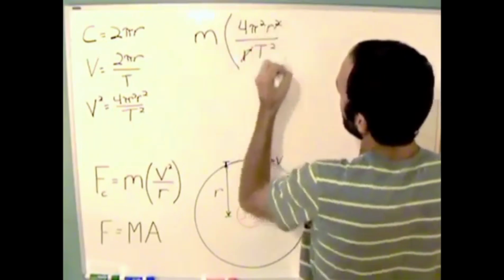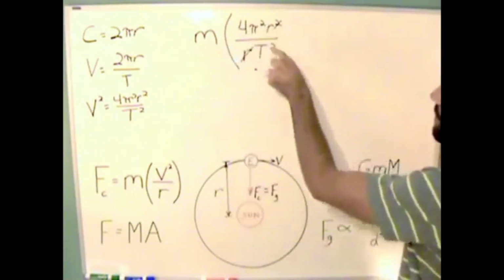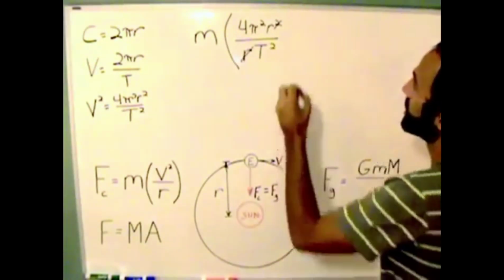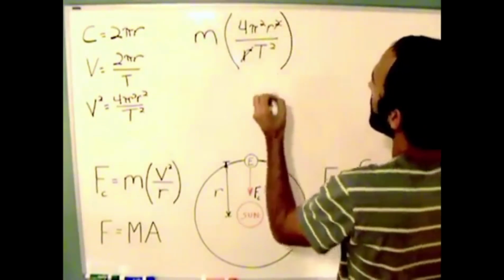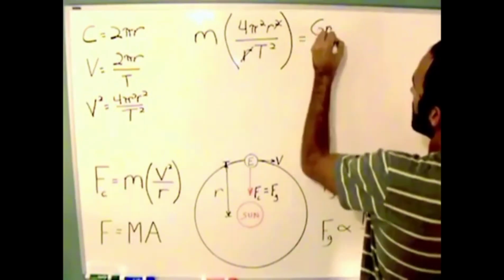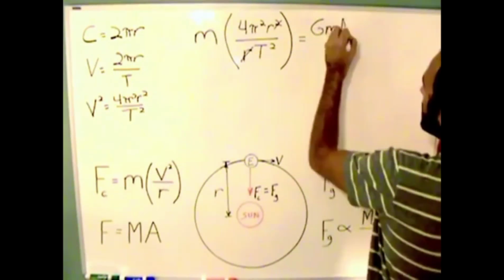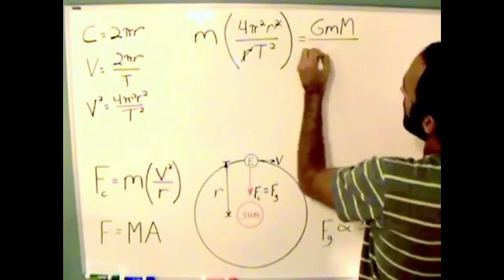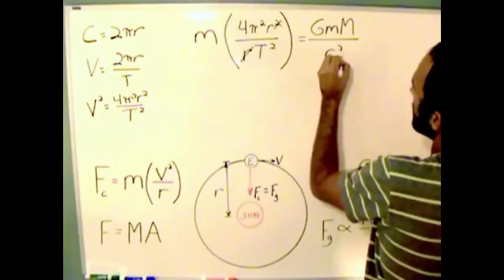This r cancels and that r cancels, so you get 4 pi squared r over the period squared, big T squared. Okay? And then set that equal to big G times little m times big M, mass of the sun, divided by r squared.